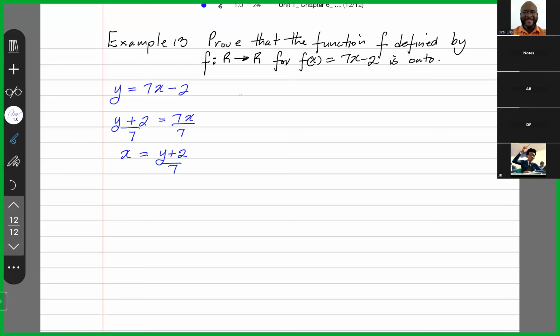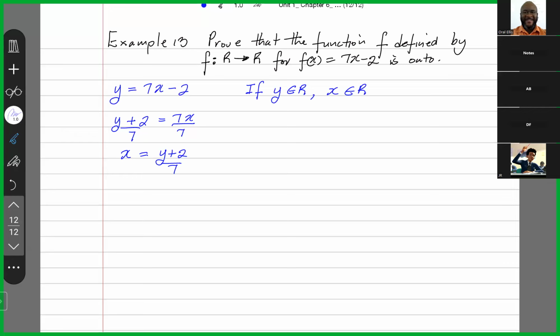Remember, if y is an element of the set of real numbers, x is also an element of the set of real numbers.